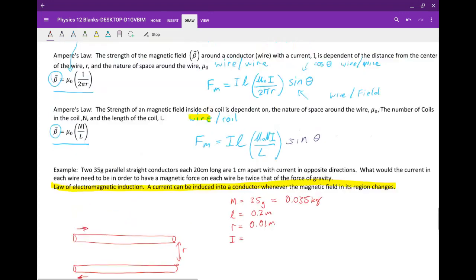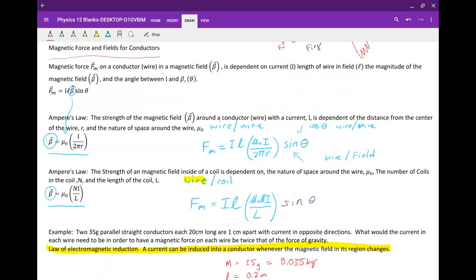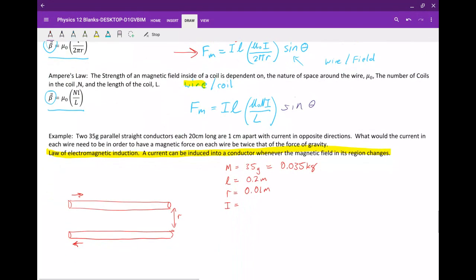So the way that this is working, I'm going to be using this formula up here, because I've got one wire inside the magnetic field of another wire, okay? So I'm going to go ahead and write down that force. Force magnetic is current in one wire times the length of the wire that's found in the field times mu naught, which is 4 pi times 10 to the negative 7, I think.